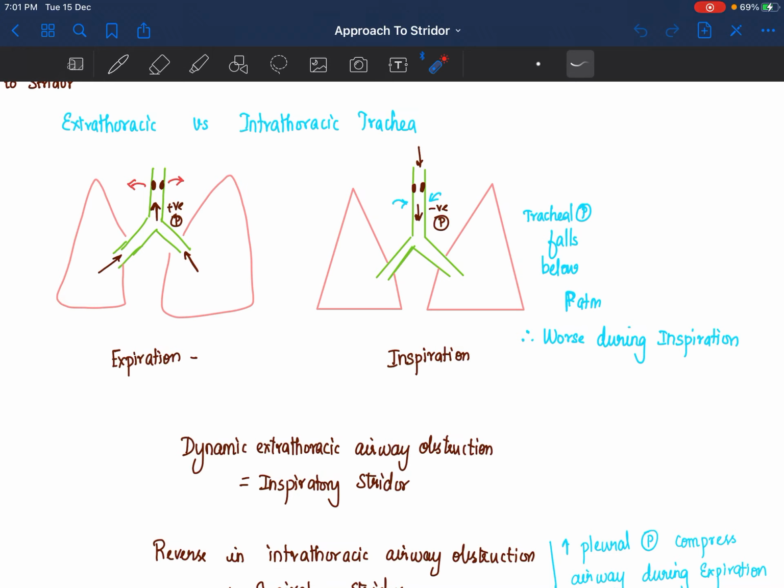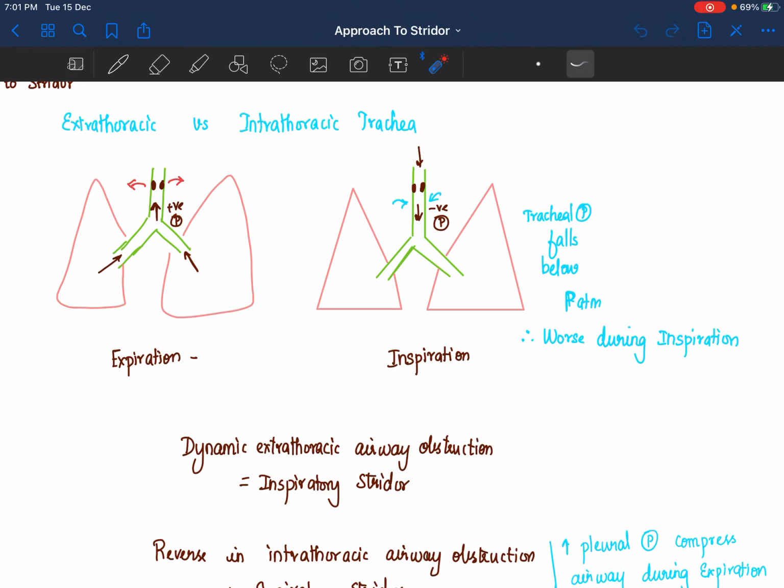So now what I told earlier, the extrathoracic trachea having inspiratory stridor. So here you have the obstruction in the extrathoracic region. During expiration, what happens? It is going to be a positive pressure, correct? Normal spontaneous respiration is negative pressure during inspiration and positive pressure during expiration.